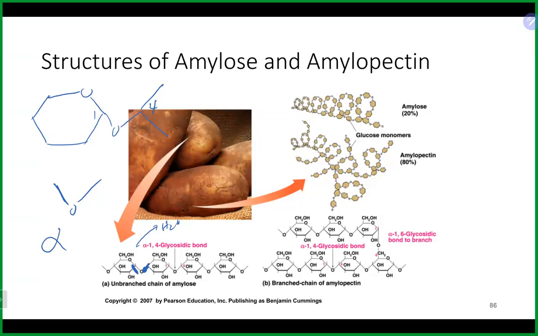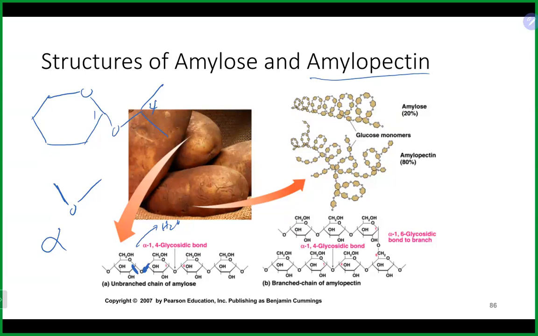What makes this different from amylopectin is that it is unbranched. So it's just a long straight chain of glucose after glucose, all put together by taking out water. That's different from amylopectin, which is also a really long chain of glucoses.